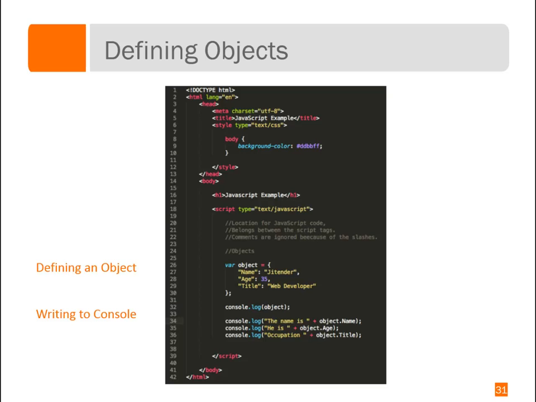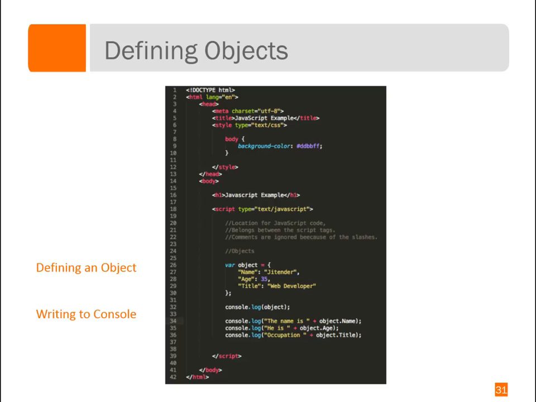So our variable is called object, and within our curly brackets here, we're going to give this a set of name and value pairs. So you'll see here, name is Jatinder. So name is the name of the particular object, and then Jatinder is the value.